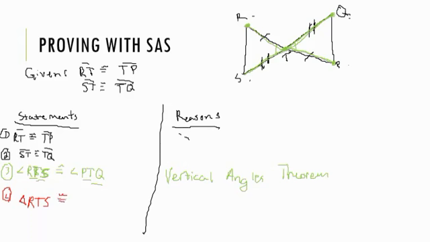So triangle RTS is congruent to triangle PTQ. Alright? And I forgot to write up here, given. So this should be your final proof. Why can I write that these two triangles are congruent? Because of the side angle side postulate.